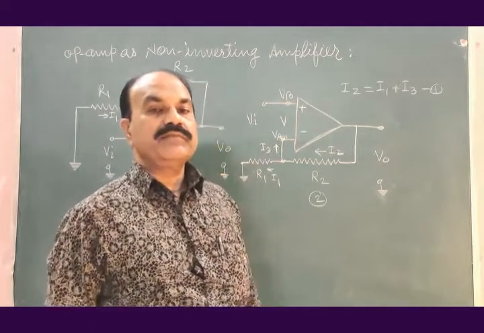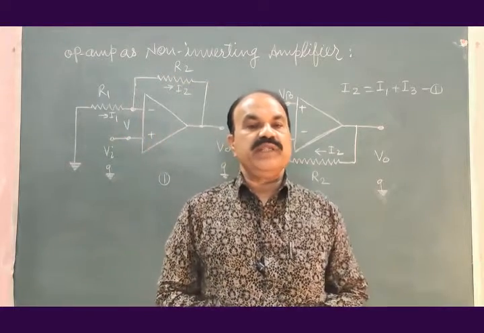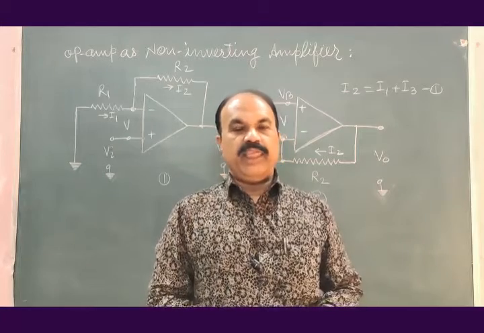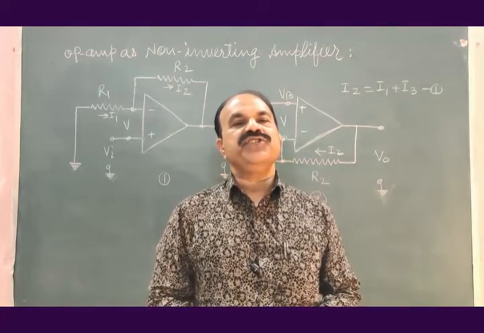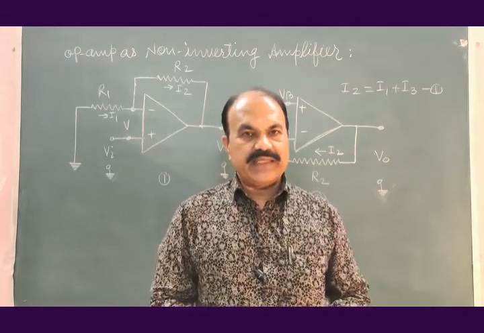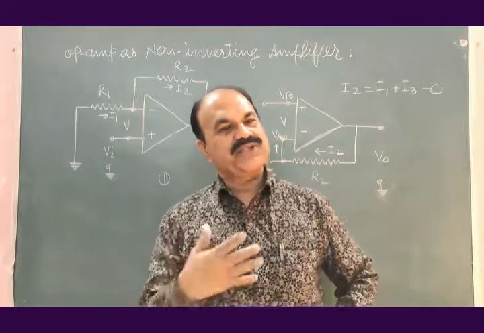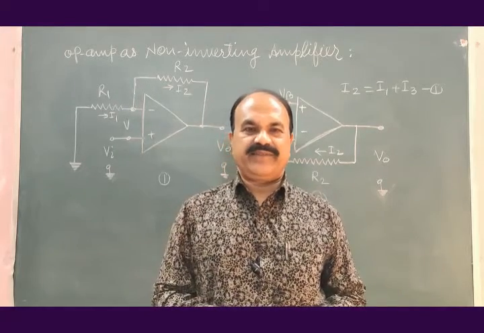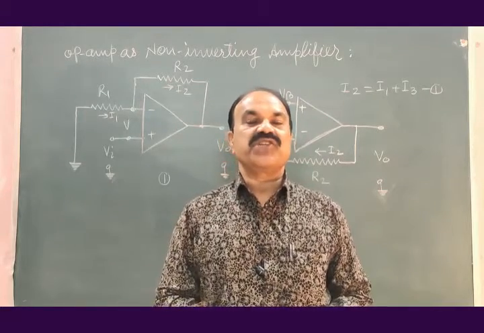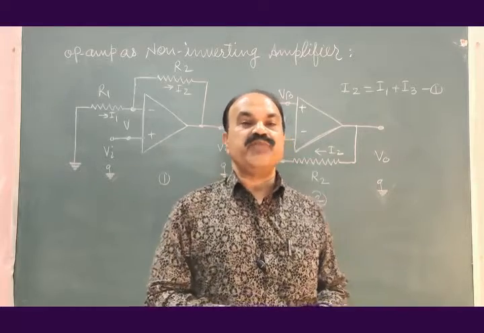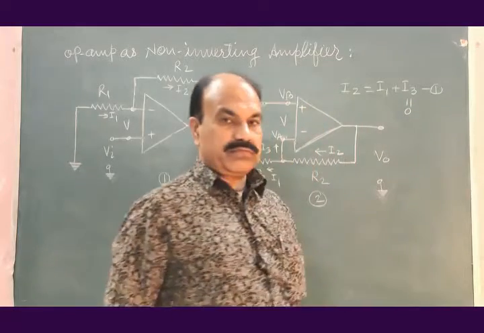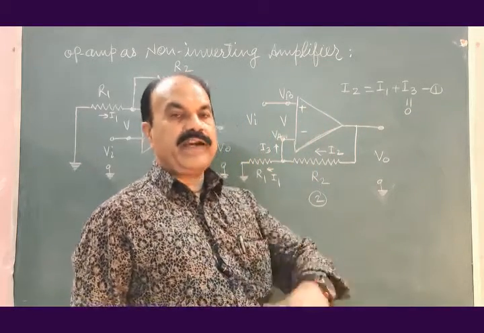But you know one thing, the input impedance of the operational amplifier is infinity. This infinite input impedance does not allow current I3 to pass through the operational amplifier. So I3 should be 0 because of infinite input impedance.